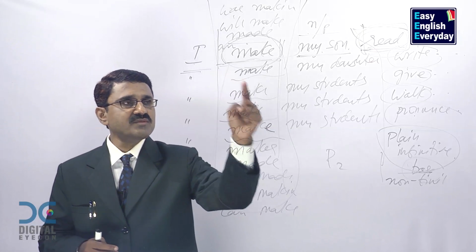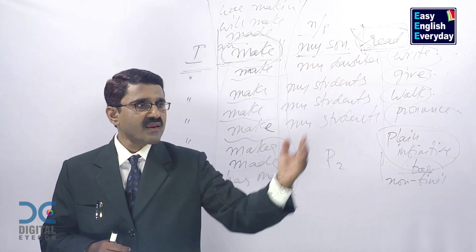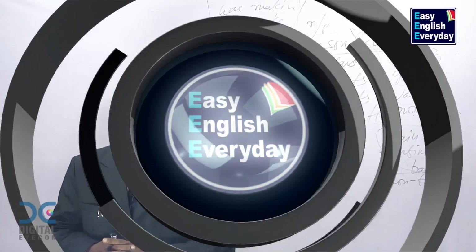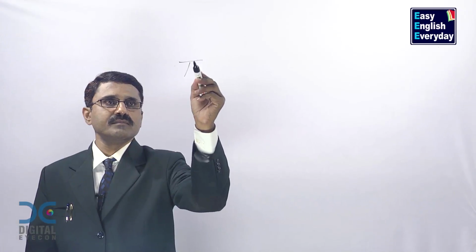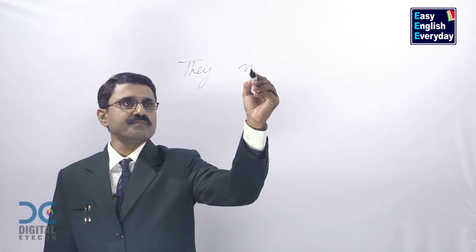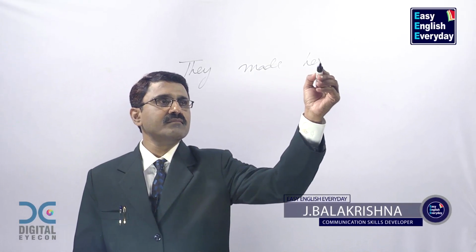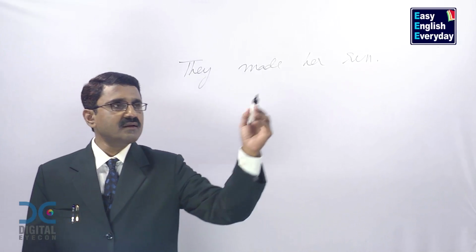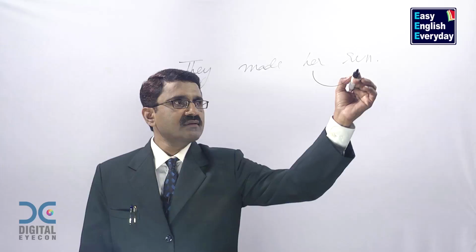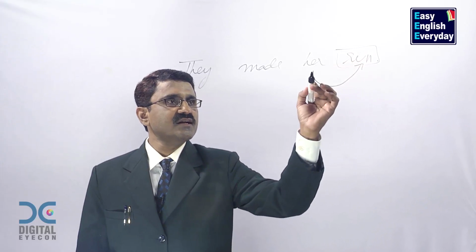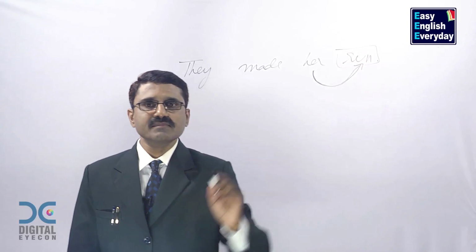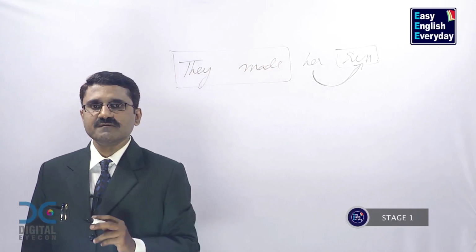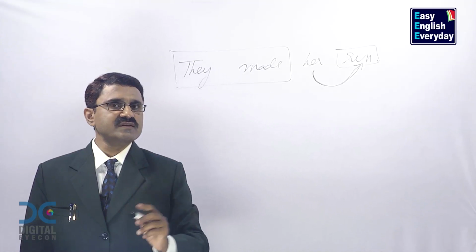So try to remember this order of words, collect more and more base forms, and start making sentences. Look at this example now. They made her run. Now, in this example, this action is done by this lady. They made her run. And these people are responsible for that. How to understand this sentence?